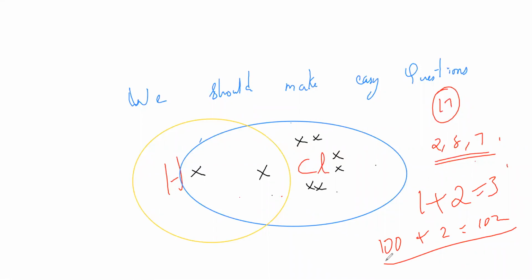Okay. And then coming to the NO2, I'll come to that. So there are some exceptions to the octet rule. So this is all about chemistry, correct? There are exceptions to the octet rule. That I'll write now.